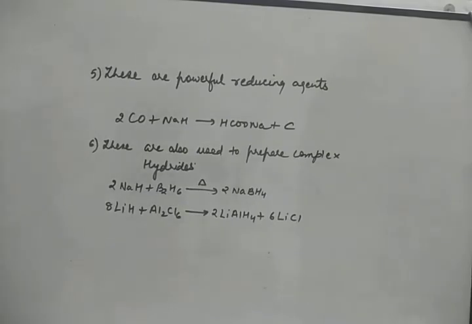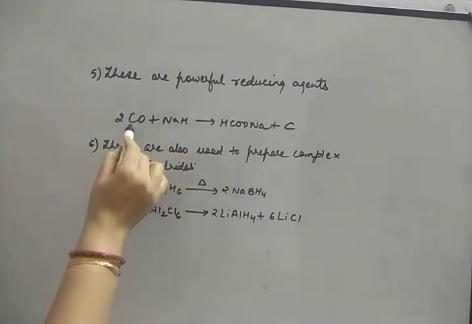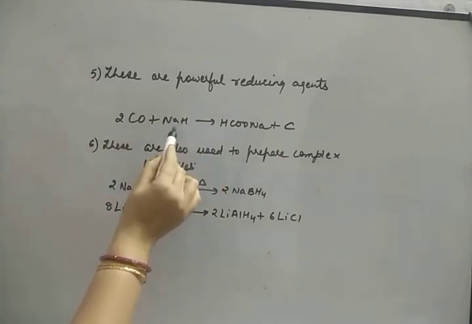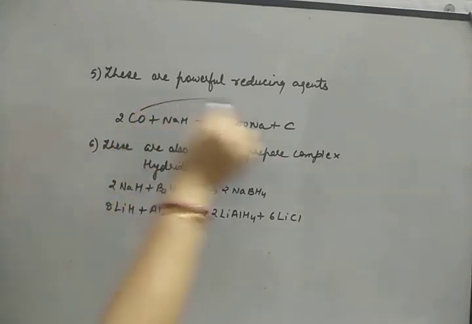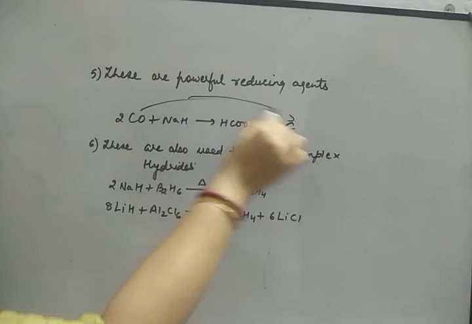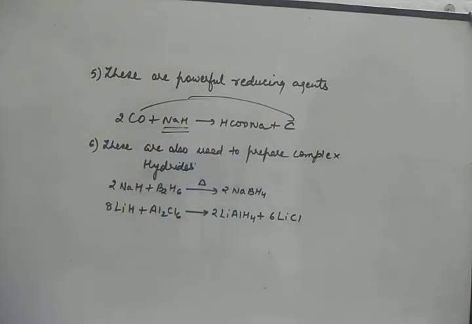Now, the next important point regarding these ionic hydrides is these are powerful reducing agents. Okay, so these can reduce the other elements. For example, in this reaction, you can see that carbon monoxide is reduced to carbon. So these hydrides also act as powerful reducing agents. And sometimes they are also used to prepare complex hydrides.